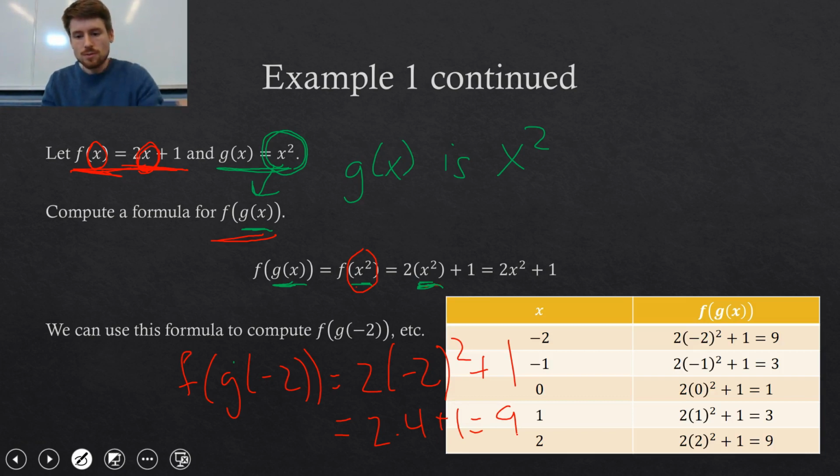If we do that for all of our values, we get the same outputs, so it's the same function. Either you come up with the formula and then plug those numbers in, or you plug them into the inner function, find the answer, and plug that into the outer function. So the formula is a shortcut that takes you all the way to the end right away.